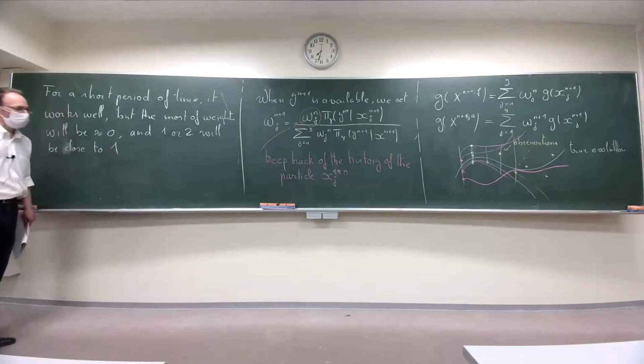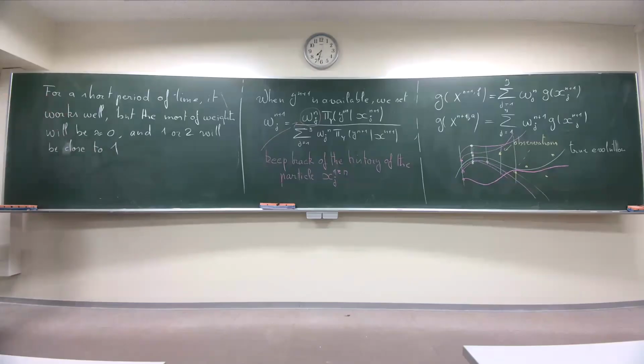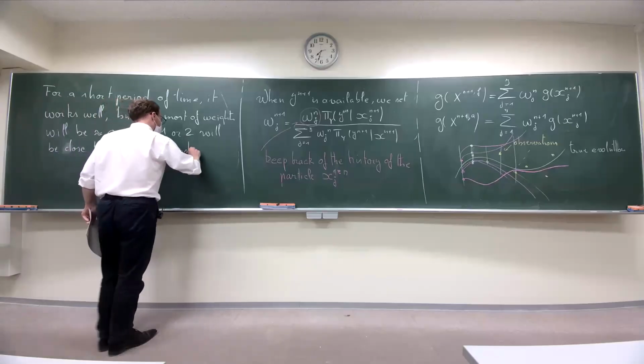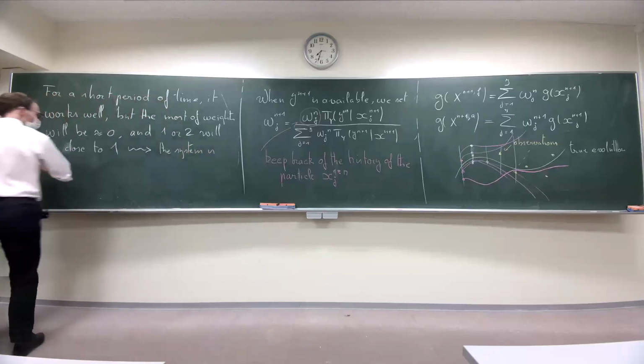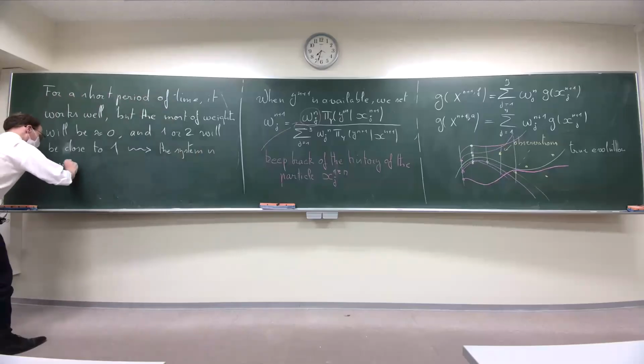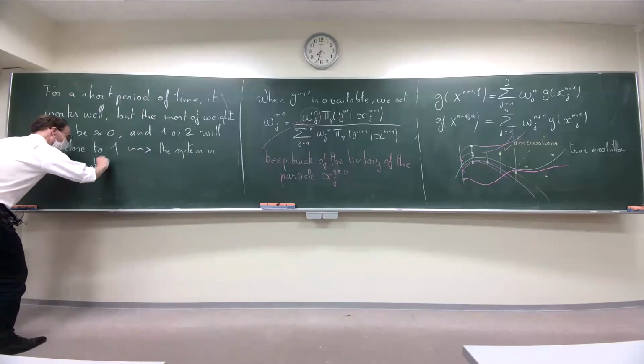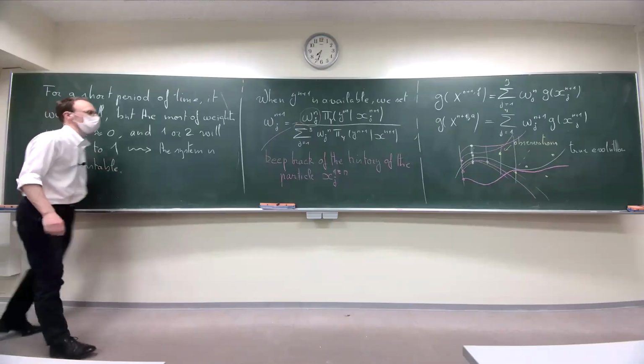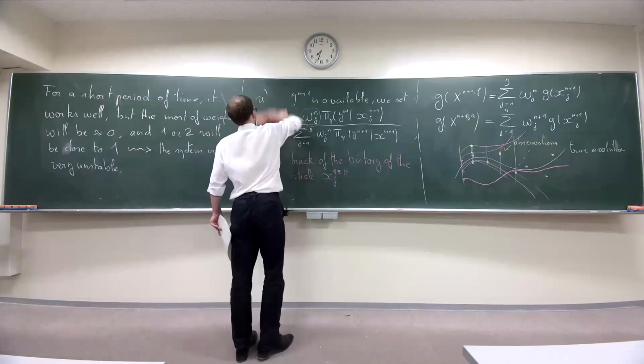Of course, both cannot be close to one because the sum is one, but I mean, one or two will be close to the unit, so 1/2 or one, which means that the system is very unstable. You need a large diversity, you need many particles for your system to be stable. So when everything is concentrated on one or two particles, it's not good. And it can completely break down. So we need to correct this.